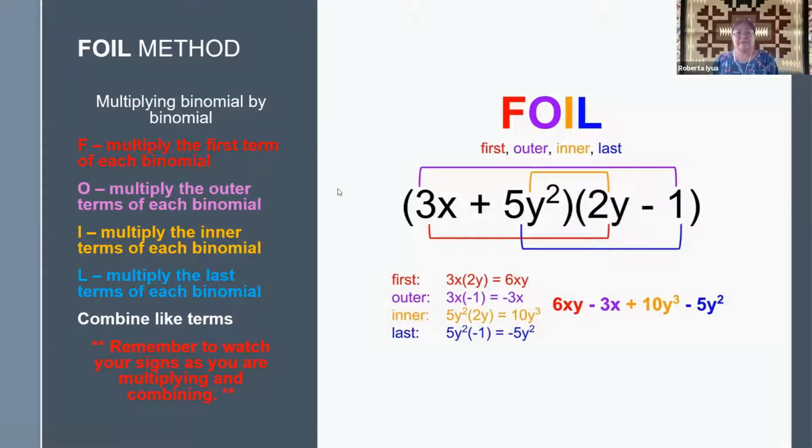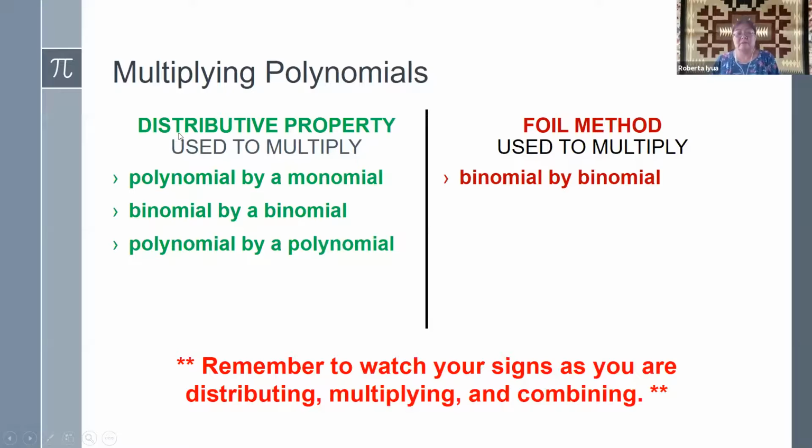We're going to do a comparison of the two types of multiplying polynomials. There's the distributive property and the FOIL method. With the distributive, it is good to use for a polynomial by a polynomial and a polynomial by a binomial.